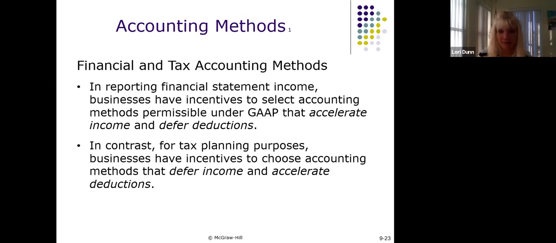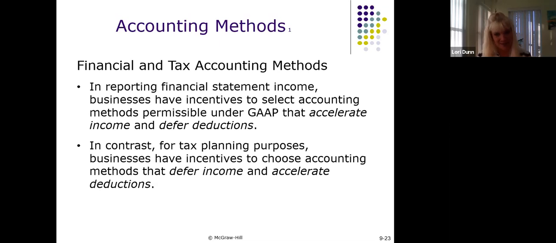And normally in this accounting, when we're focused on making a financial statement, we're looking to show as much income as possible and as few deductions as possible in a year, because we focus on net income. We want the highest net income.